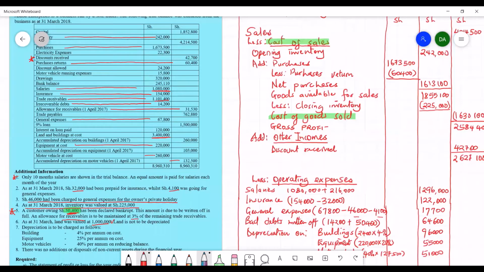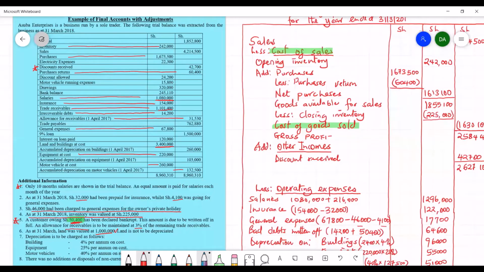The first one is electricity expenses, discount allowed, motor vehicle running expenses, interest on loan. Let's start with electricity.